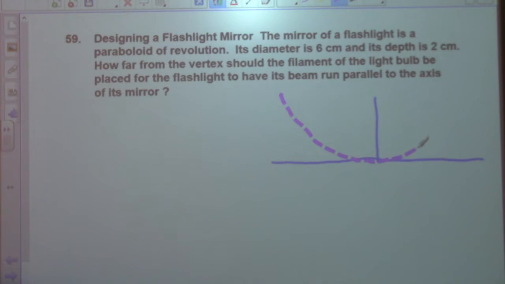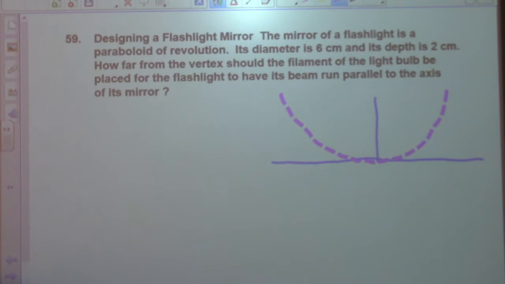A paraboloid means a cross-section is going to look like that. It gives you your reflection like a flashlight, and it's 2-point-something inches across, so it's probably pretty realistic in terms of what numbers it would be.